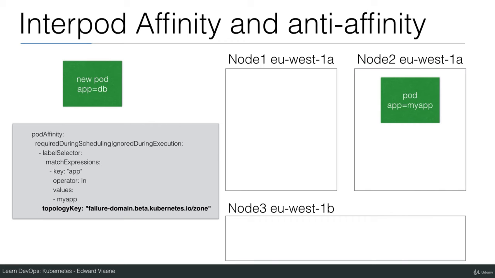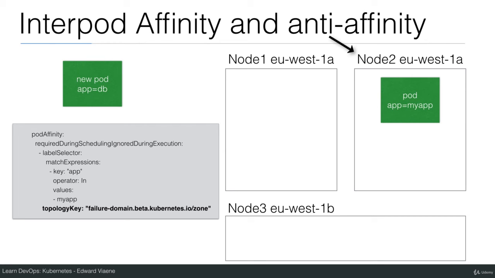So here, if our expression is true, the expression is here app in myapp. So if there's a pod app equals myapp and this is true, then this new pod will be scheduled on a node with a label failure-domain.beta.kubernetes.io/zone equals the same as the node where the pod is running. So pod app equals myapp is running on node 2.